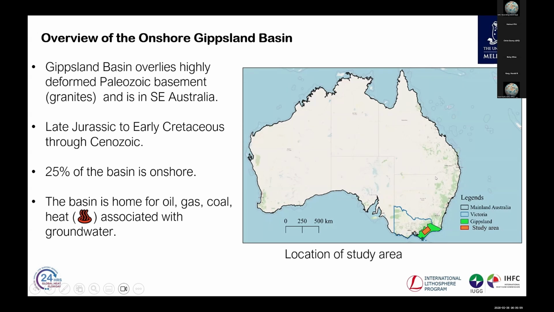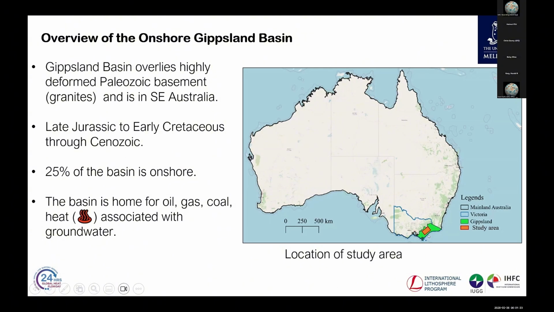The basin has a very long and dynamic history, and its origin goes back to the breakup of Gondwanaland during the late Jurassic. The geological time range goes from the late Jurassic to the late Cretaceous through the Cenozoic era. There are two sections of the basin itself.